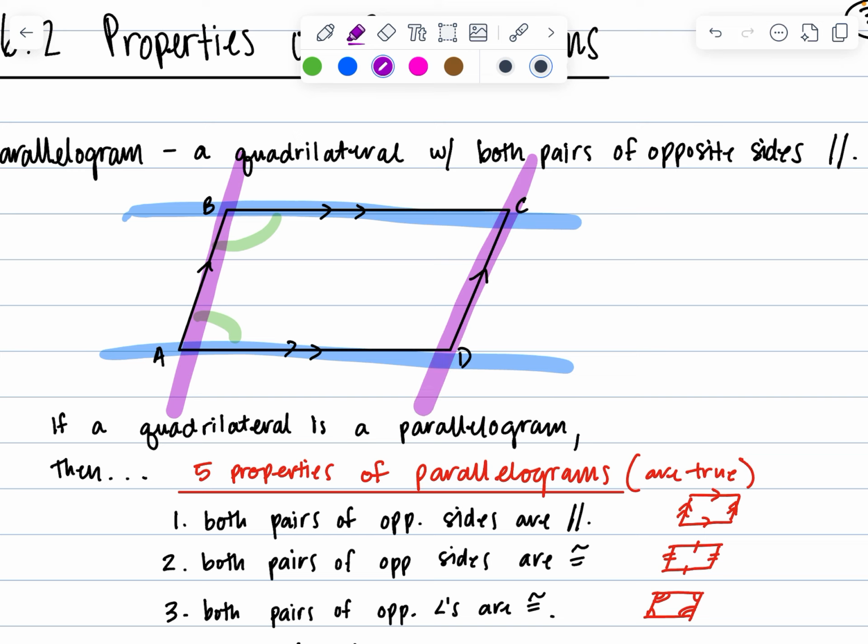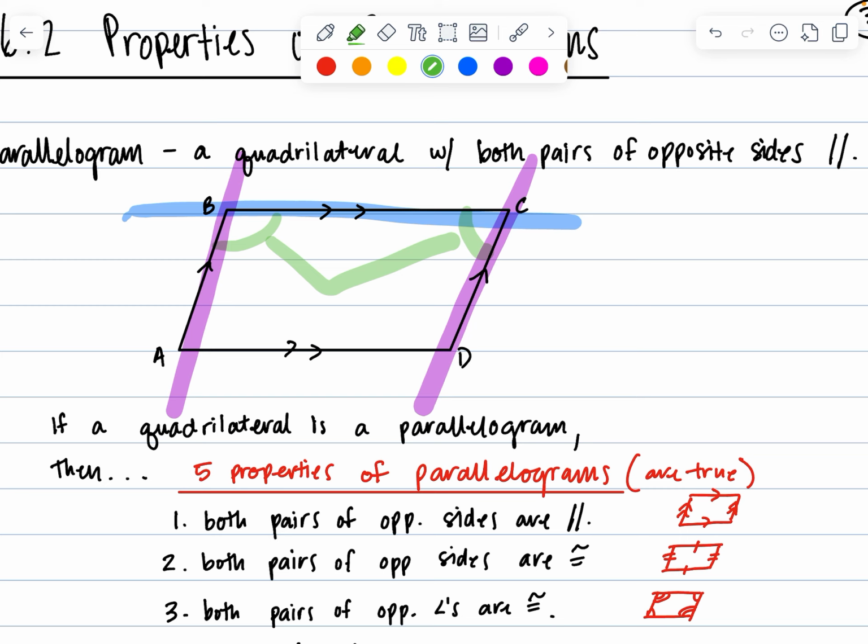Now we should also recognize that we have another pair of parallel lines. If we looked at it from the purple's perspective, and then blue being the transversal, then these two angles would also be same side interior angles, because they're on the same side of the blue transversal, and they are interior of the purple lines.